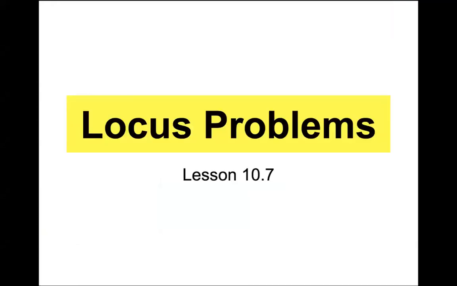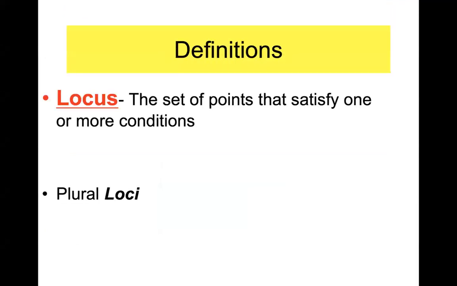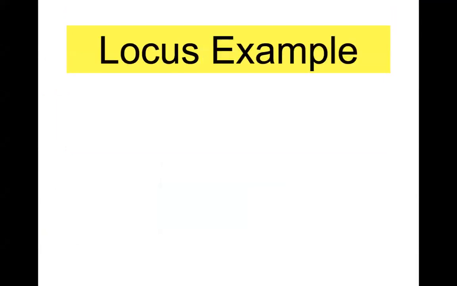All right, locus problems. Last class, you were introduced to these things called locus. The definition of locus was the set of points that satisfy one or more conditions. Example I gave you yesterday, you have a given.